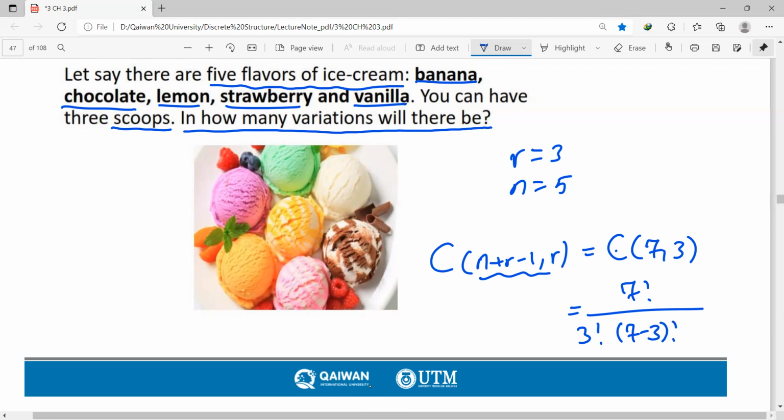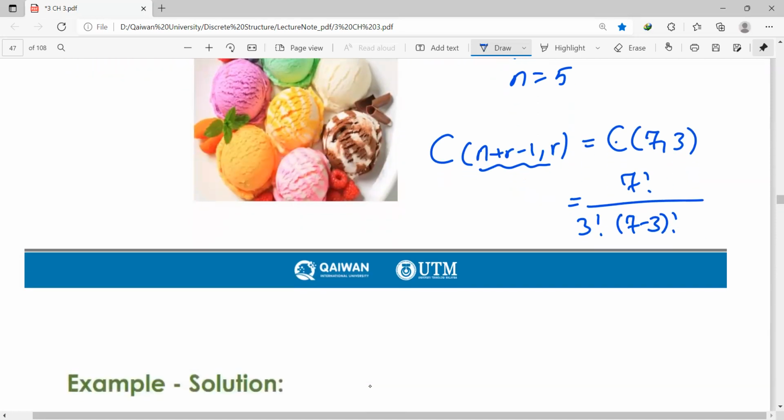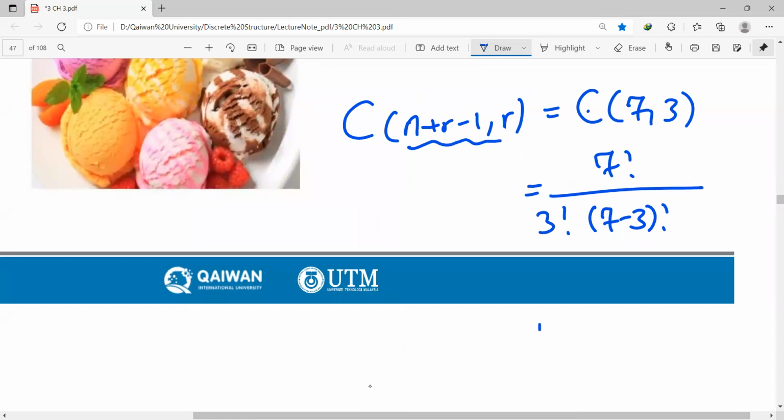That's all. Just do it, you get the rest. 7 minus 3 is 4, so we get 7 factorial divided by 3 factorial times 4 factorial. As I said before in the previous lectures, we expand the numerator up to the highest factorial in the denominator.